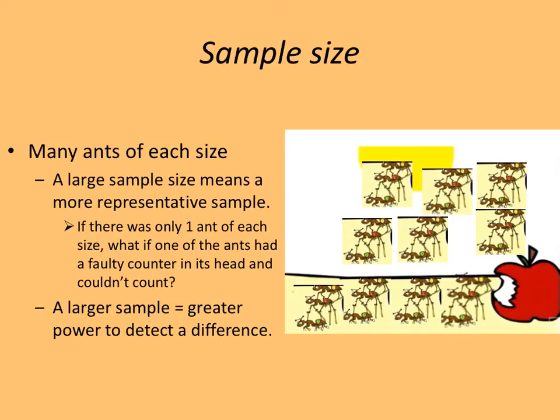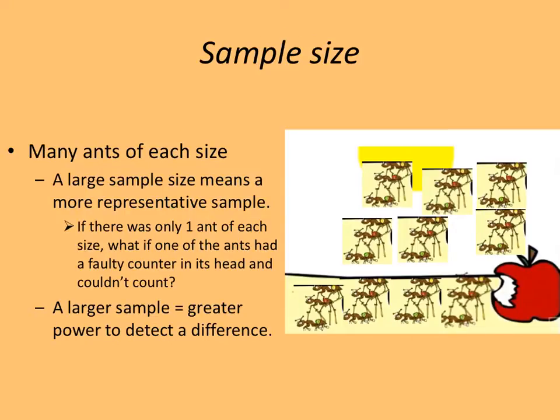Okay? So in other words, you take all these ants and you apply the treatment to, let's say, 100 ants of each, right? 100 ants of regular size, 100 ants of stilts, and 100 ants of small.